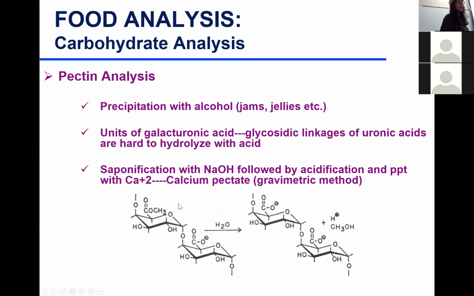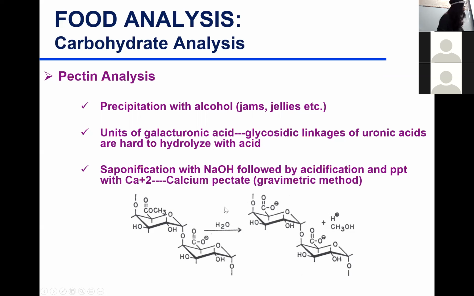I'll explain this more when I talk about enzymes later. But you have these galacturonic acids. The bond here is not broken because it's hard to hydrolyze by acid. So the way to determine the amount of galacturonic acids in this situation is you saponify with NaOH.